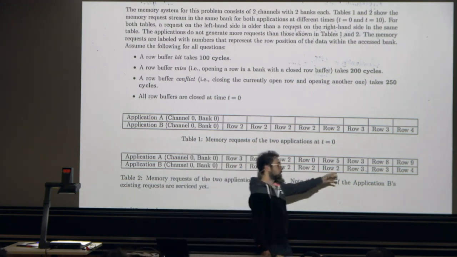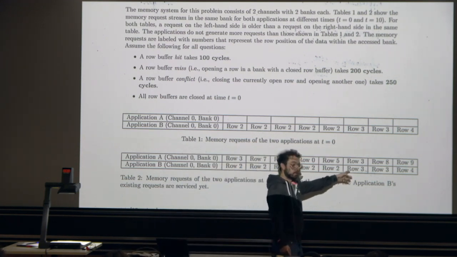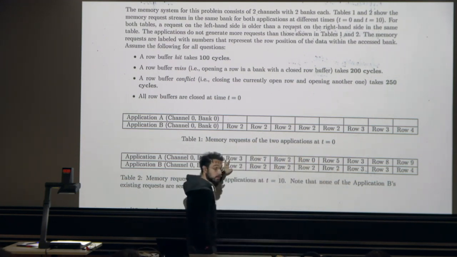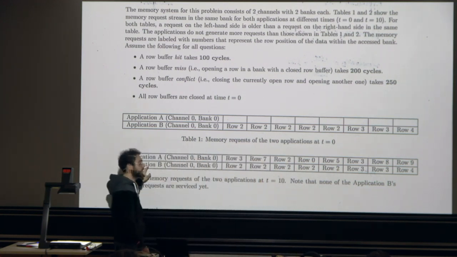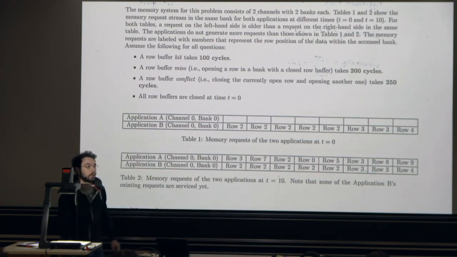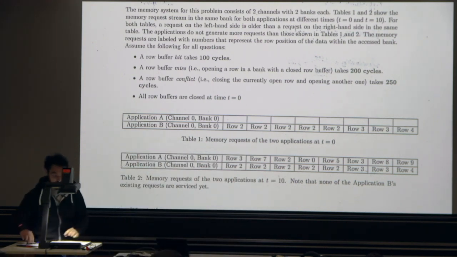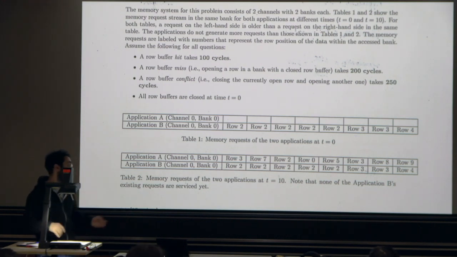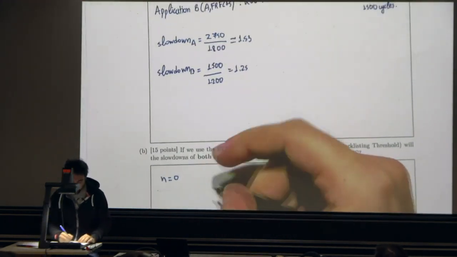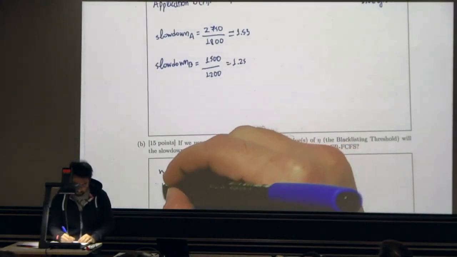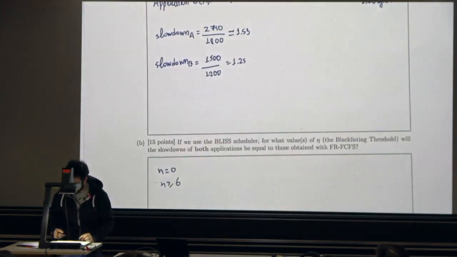So then we will open row 3. We will execute something from row 3, and then nothing will be blacklisted. In this case, none of the applications will be blacklisted if n is greater than or equal to 6. If n is less than 6, then B will be blacklisted and we will not have the same slowdown. So we have two options: n equals 0 or n greater than or equal to 6.